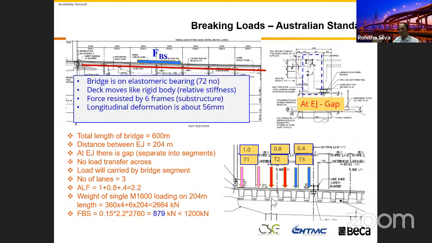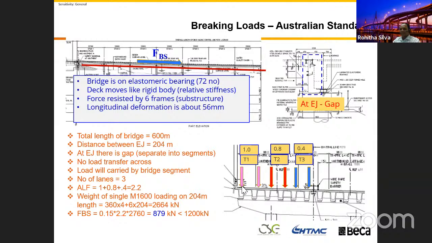This bridge, it's got 12 girders, right? And 6 span. This 204 meter expansion joint to expansion joint cover 6 span. I think this is the one we talk about, 34.1 meter span bridge. That example I discussed last time about the ULS capacities. Then 6 span. So we got how many girders?